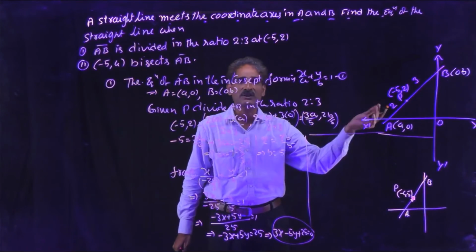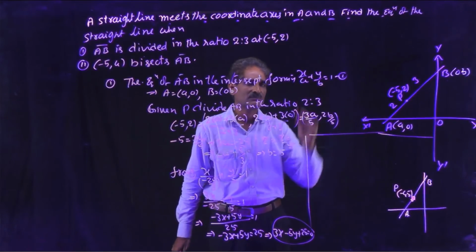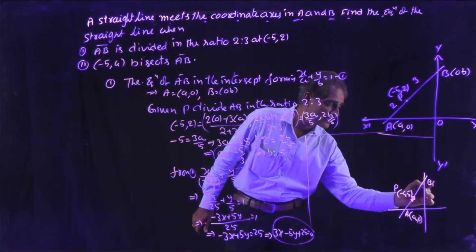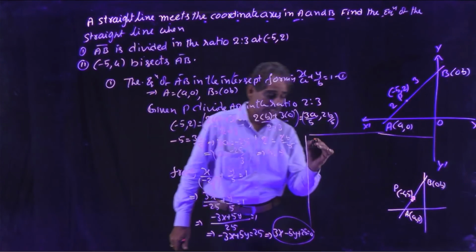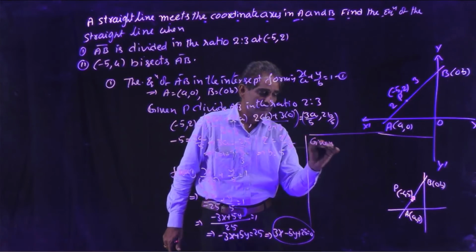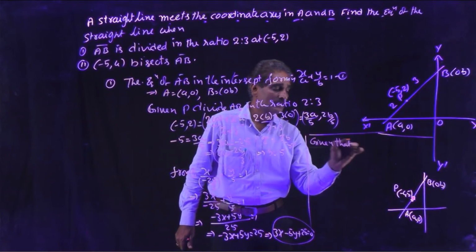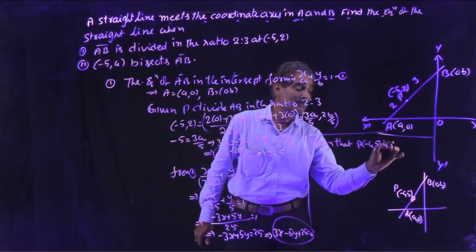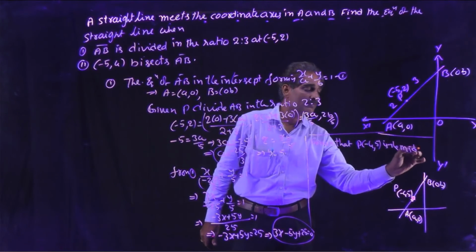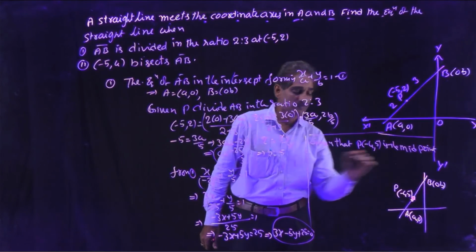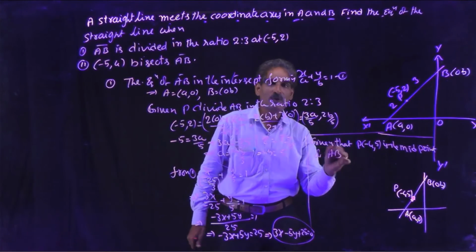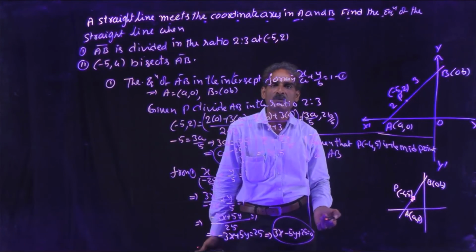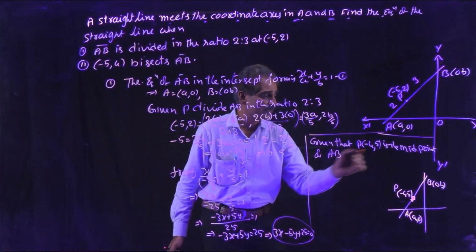Let the required equation be in the same form, with the coordinates of A as A comma 0 and the coordinates of B as 0 comma B. Given that P, minus 4 comma 5, is the midpoint of AB. Just find the midpoint and equate it to minus 4 comma 5.